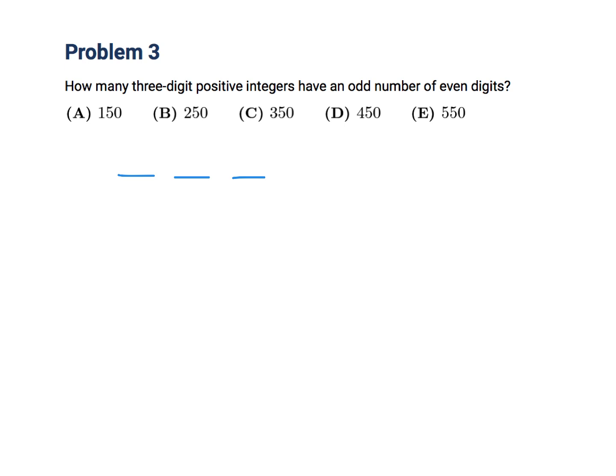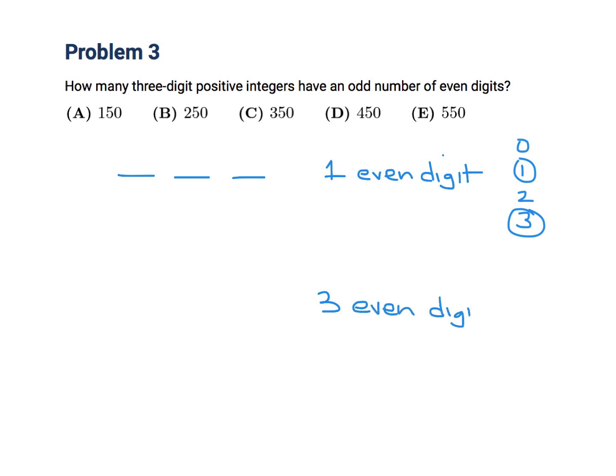But they want an odd number. So if the choice is 0, 1, 2, and 3 even digits, the ones we want are 1 and 3. So 1 even digit or 3 even digits. So those are our scenarios basically.